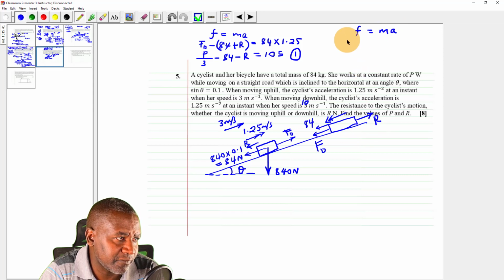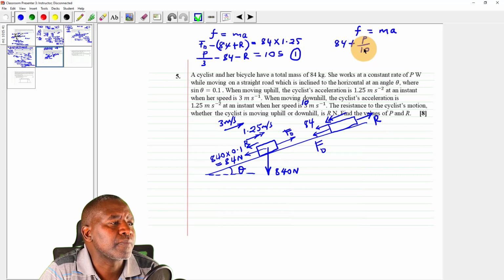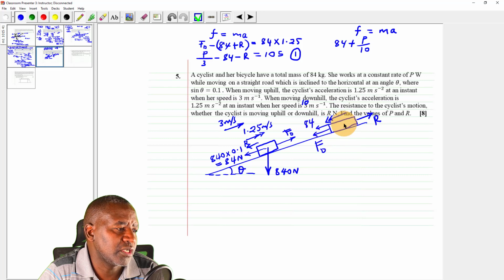What is the resultant force? This time it must be 84 plus Fd, but Fd is again her power divided by her speed down the slope, and that is 10. These are the two forces which are in the direction in which the acceleration is acting.